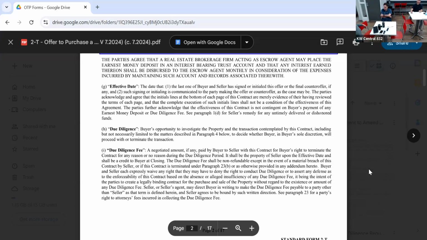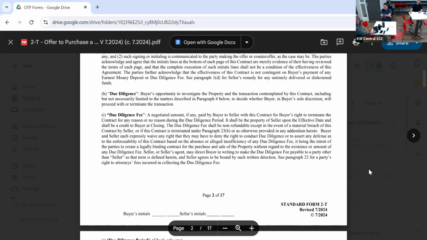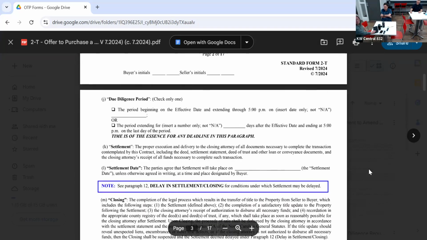So again, just setting that expectation, it's kind of like gambling when you're having the conversation with your buyer. Don't put up more than you're willing to lose. You can walk away for any or no reason, but you're not going to get that money back. In this case, it's $7,500 of due diligence money. It's going to cost the buyer more than $7,500 to hire an attorney to go to court to get it back. Is it really worth it?